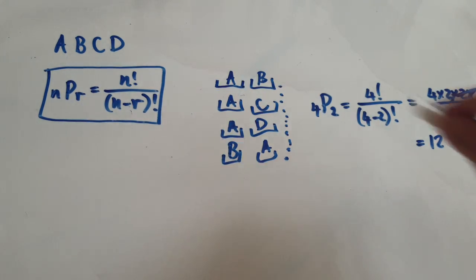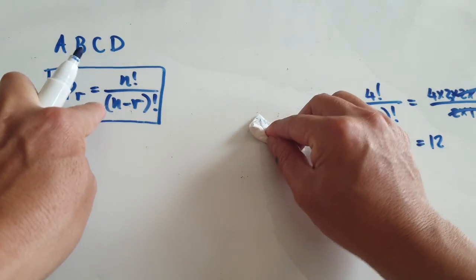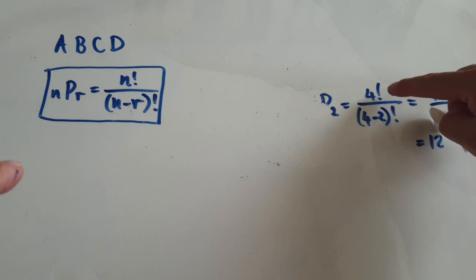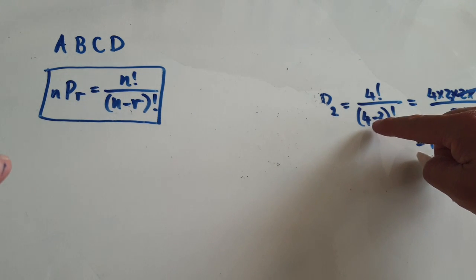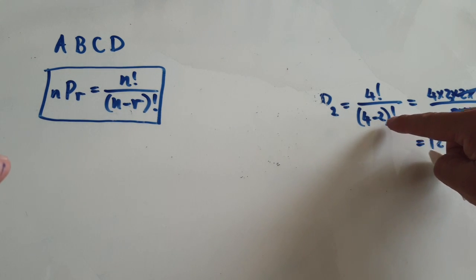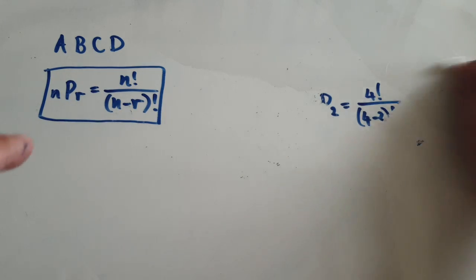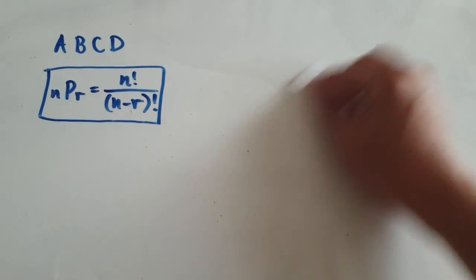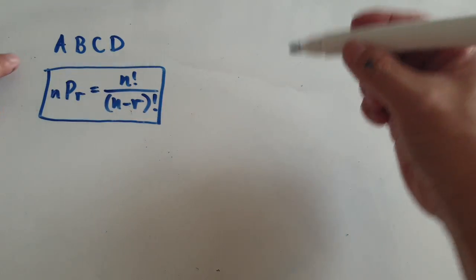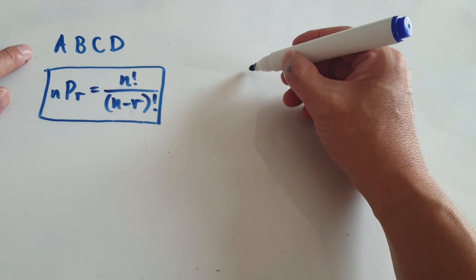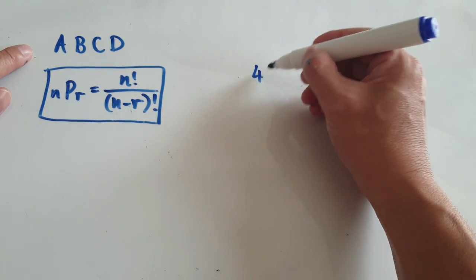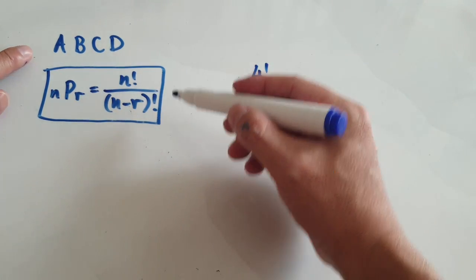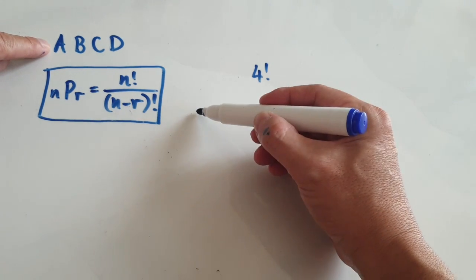So to understand why it is the way it is, why is it 4 factorial and then for some reason 4 minus 2 factorial? We need to understand why. In the previous video I showed you that the minute you do 4 factorial, in your mind you picture all the possible arrangements.